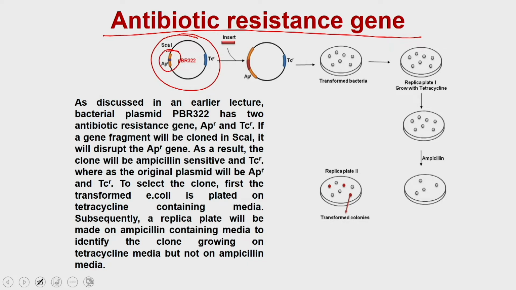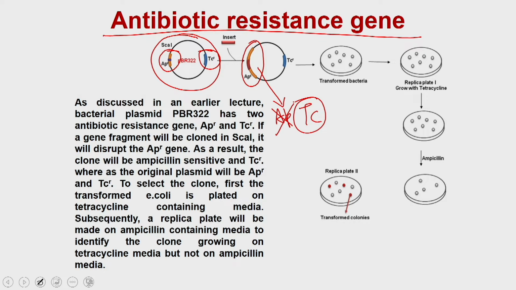One is called the ampicillin resistance gene and the other is called the tetracycline resistance gene. Suppose you have cloned an insert within the ampicillin resistance gene, which means the resulting clone is going to have no resistance for ampicillin, but it is going to have resistance for tetracycline.